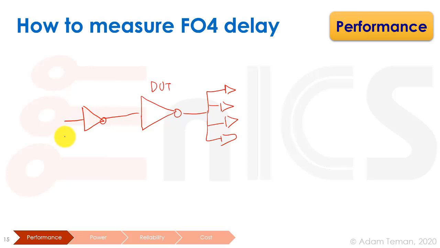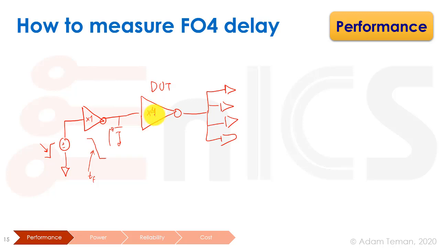So if we take an inverter here that is driven with a pretty ideal source, so this can have a really sharp rise time, then what happens is that if this has a fan out of 4, so say this is a times 1 size and this is a times 4 size, we will get at the output, because of the load that it sees, some sort of a fall that is shaped to what the technology usually has. This T fall is kind of representative of the technology and not ideal. And that will be a good kind of T fall to put as the input to our device under test.